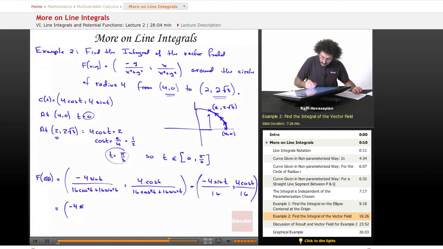Now I'm the one that's messing up my arithmetic. Okay. 4 and 16, 4 and 16. So I get minus sine t over 4, and I get cosine t over 4. How's that? That's good. Okay.